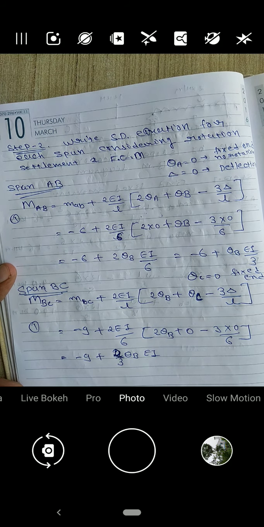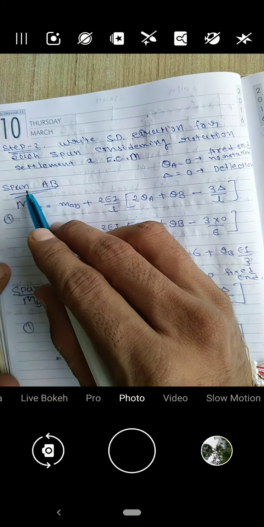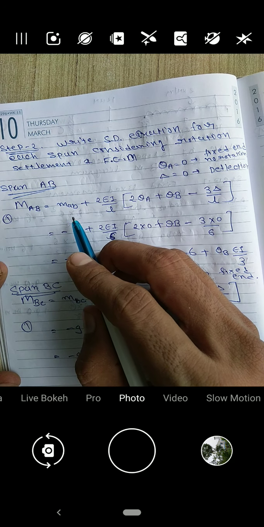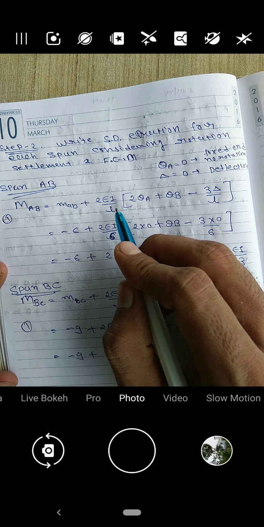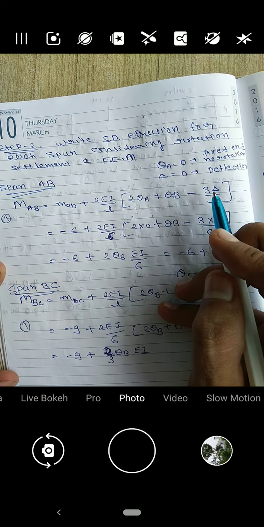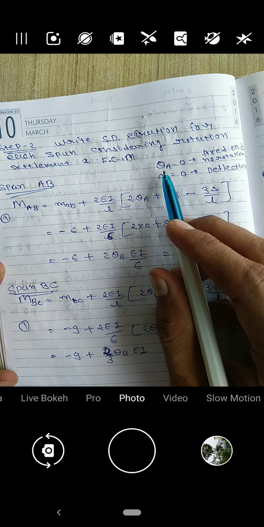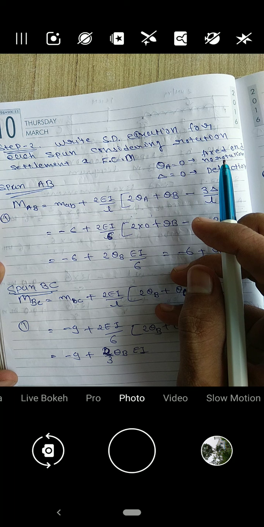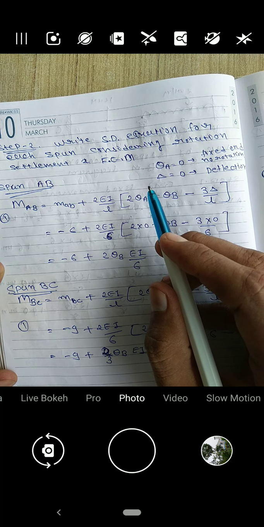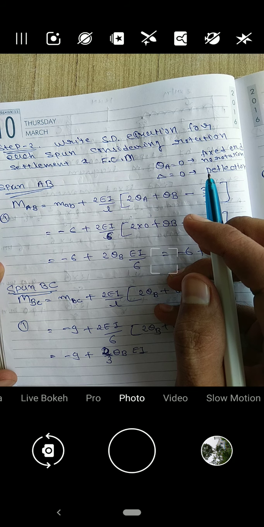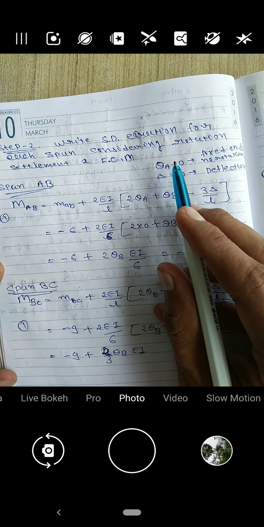So for span AB, slope deflection equation is MAB plus 2EI by L in the bracket 2 theta A plus theta B minus 3 delta by L. Here theta A is equal to 0 because the fixed end has no rotation, and the delta, the sinking deflection, is not given, so delta is also 0.